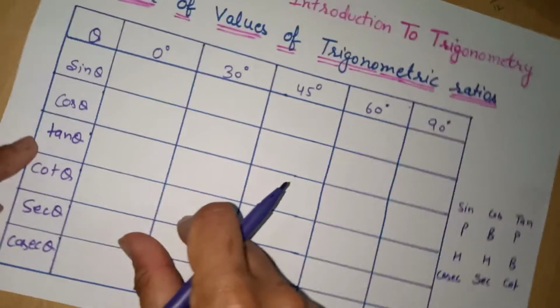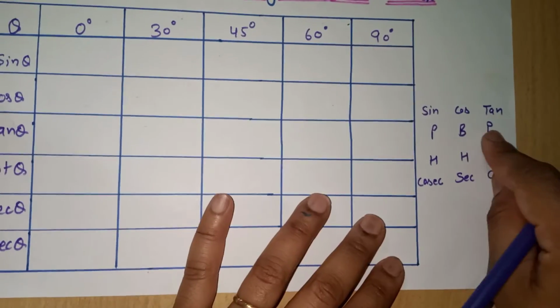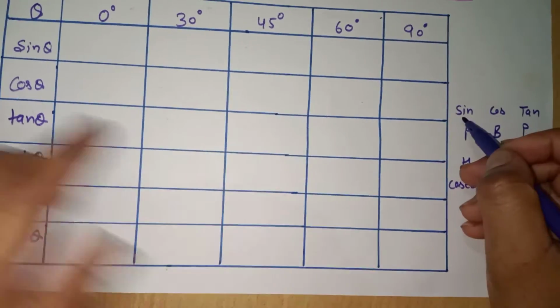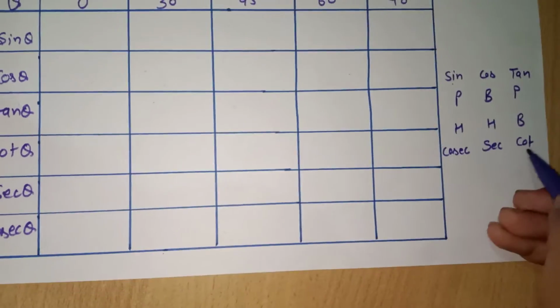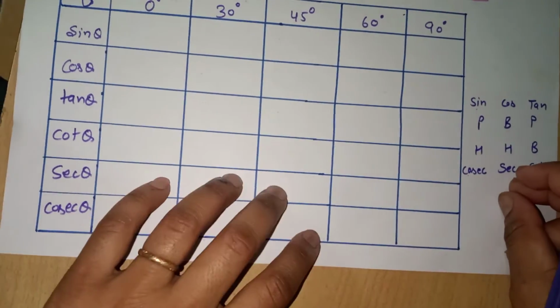This sequence may be different in your book, but I have written it according to the formula "Pandit Badri Prasad har har bole sona chandi tole": sin, cos, tan, cot, secant, cosecant. Because in this way you can easily learn this table.